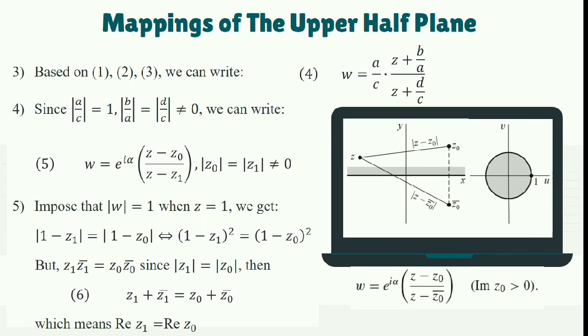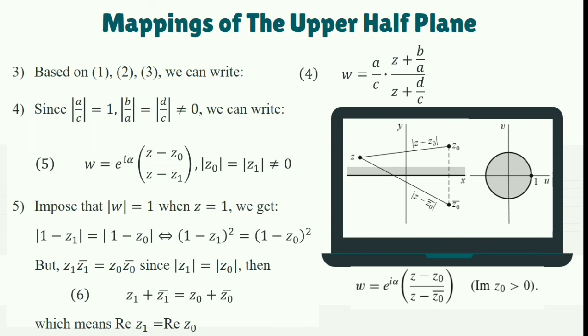Based on requirements 1, 2, and 3, we can write the form w equals a over c times z plus b over a, over z plus d over c.